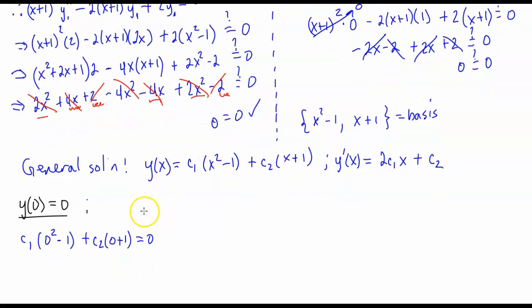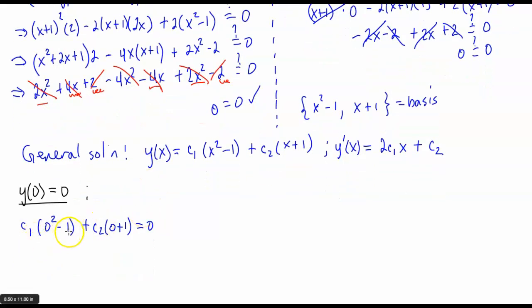And if we do that, then 0 squared minus 1 is just minus 1. So this is minus c1 plus c2 is equal to 0. And what this tells me, if I add c1 to both sides, is that c1 and c2 are the same, whatever they are.